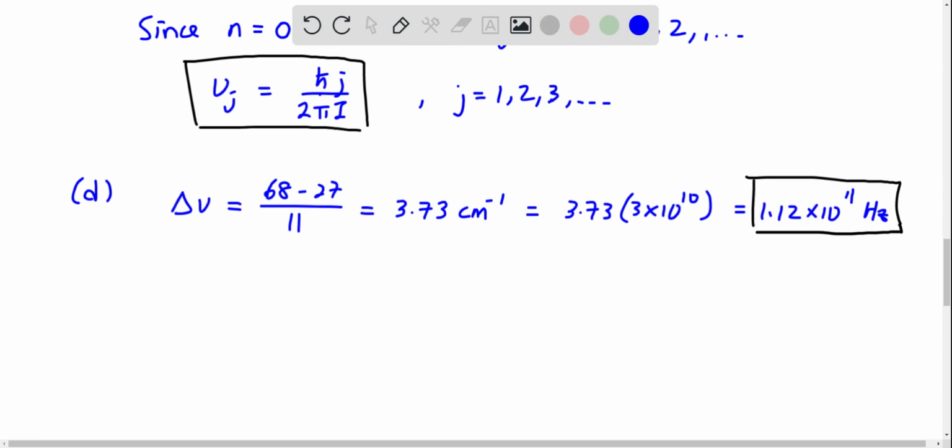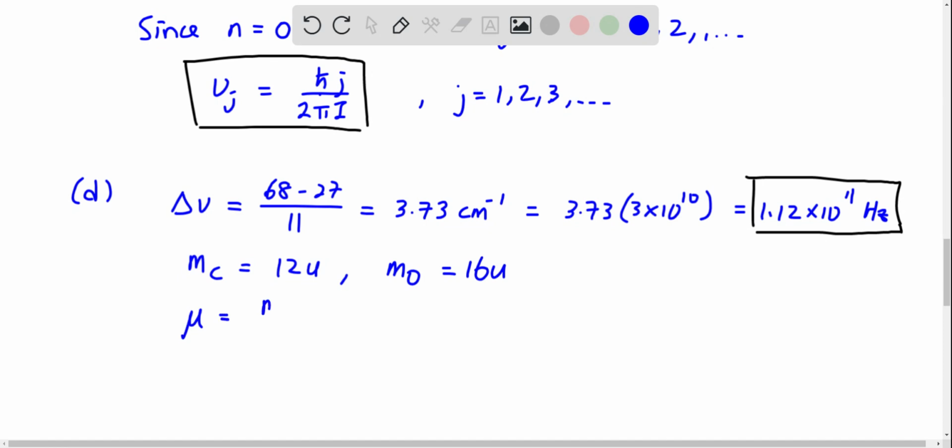Then we want to calculate the distance between the carbon and oxygen atom in carbon monoxide. We are given that the mass of carbon is 12 u and the mass of oxygen is 16 u. So you can calculate the reduced mass.